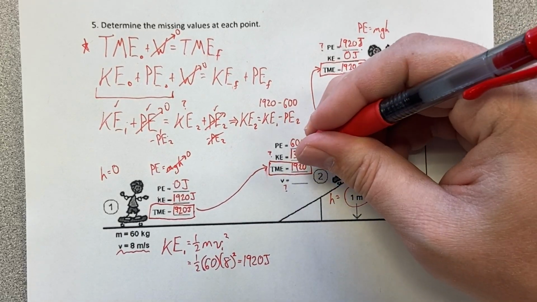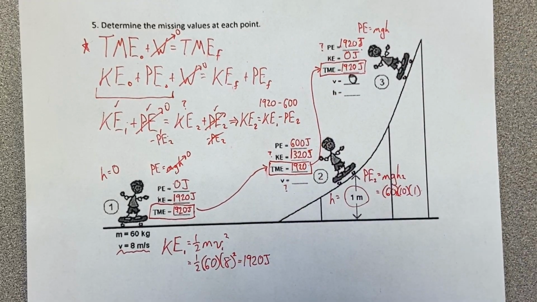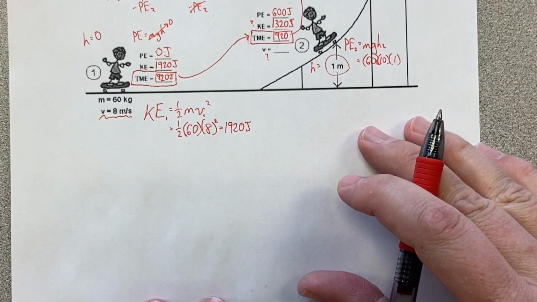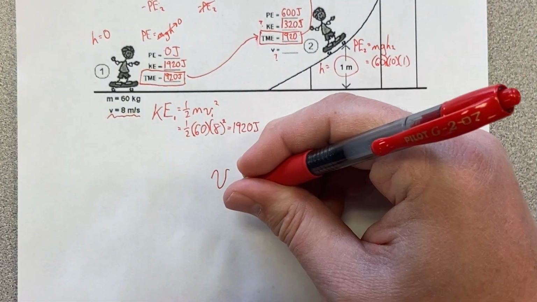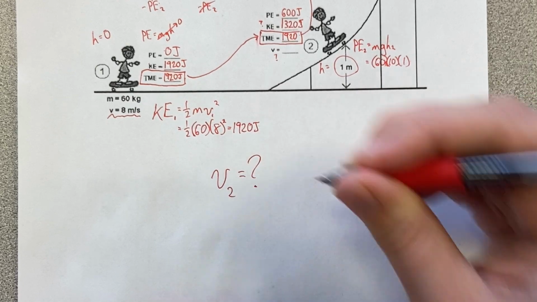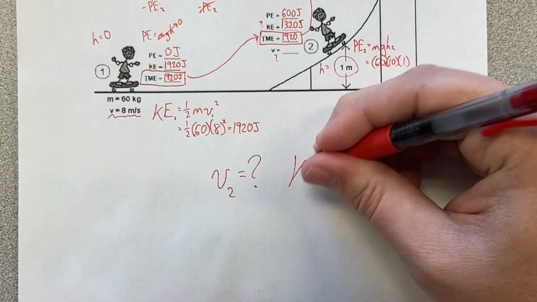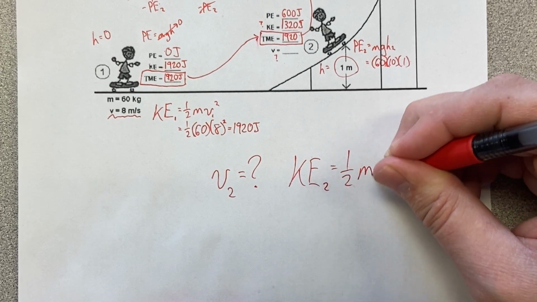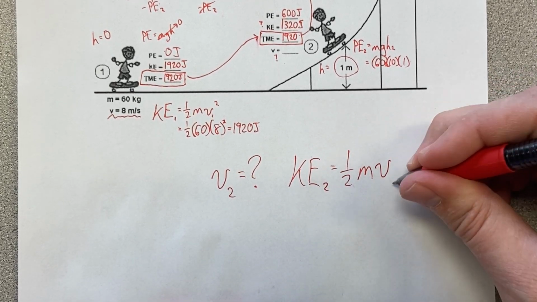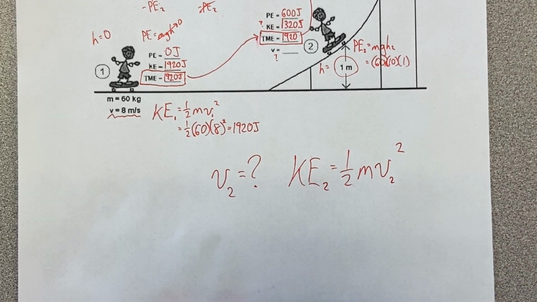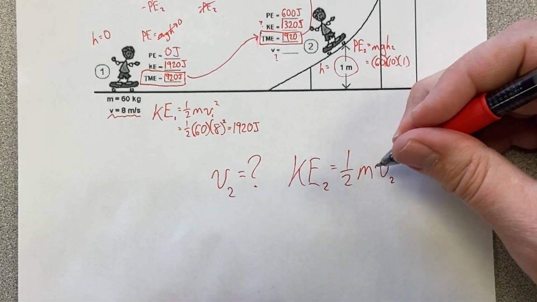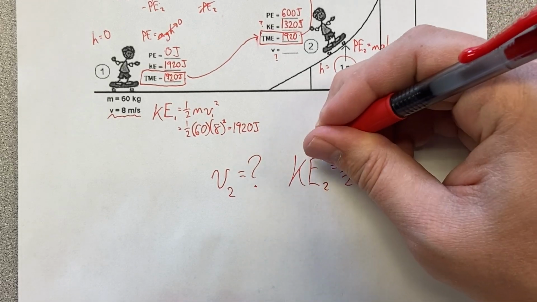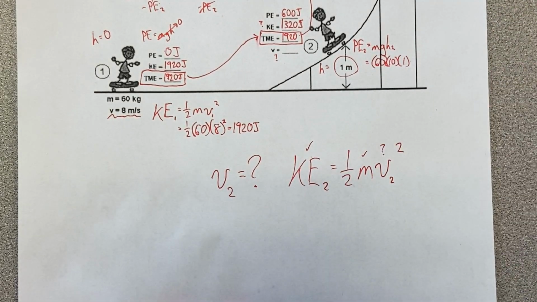If I know the kinetic energy, I could find the speed. So, for example, my speed at point 2, if I want to figure it out, I know that the kinetic energy at point 2 equals 1/2 times the mass times the speed at point 2 squared. If I solve to get my speed alone, we know the mass, we know the kinetic energy, so I can do that.